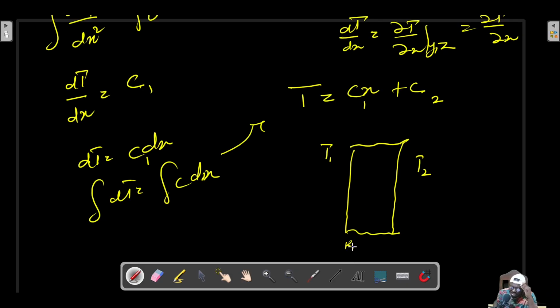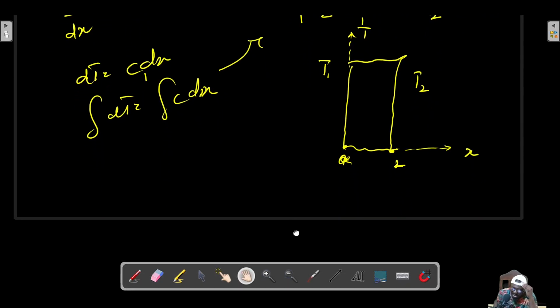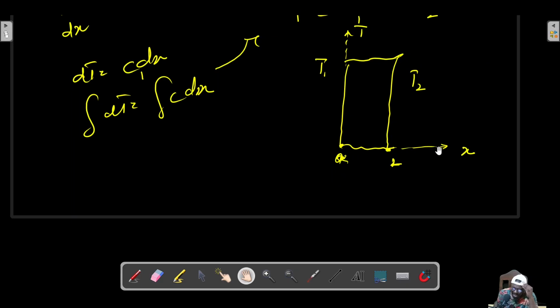Now, the thickness was L. Then if my axis is something like this, where here is T and here is my X, then this particular side is 0 and this particular side is L. So at temperature T1, what will be my X? My X will be 0.